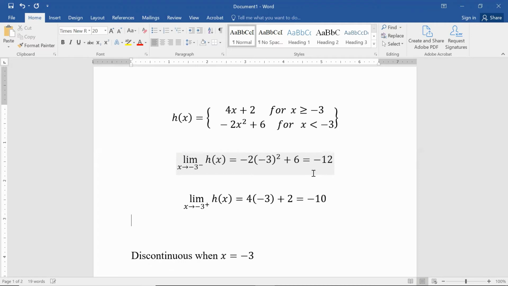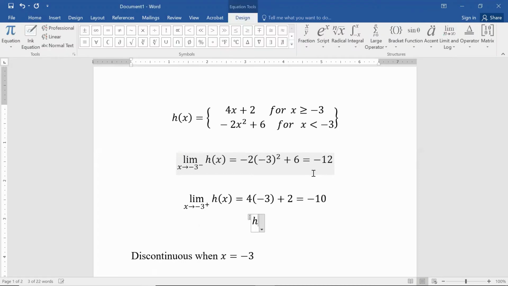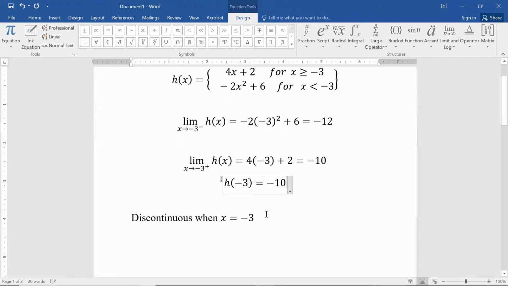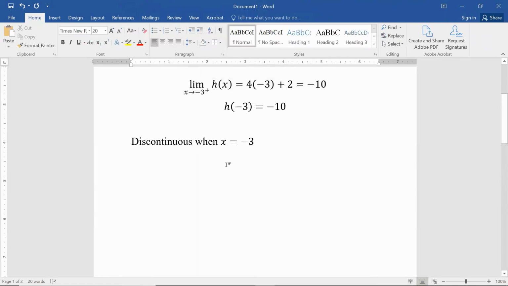Just for completeness' sake, I do want to say that if you plug in -3 into the function, you have to plug it into the top expression. So you would also have gotten a -10. And so all three of these have to match up to be continuous. If one of them doesn't match up, if either the left-hand limit, the right-hand limit, or what you get when you plug in the value don't match up, then we are discontinuous at that spot.